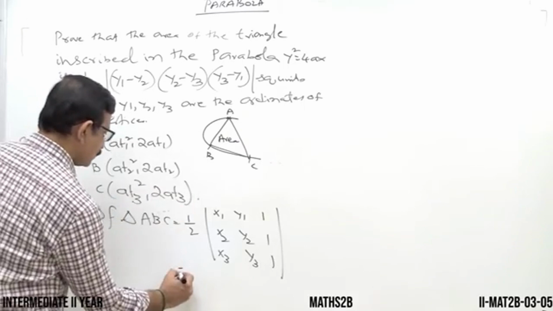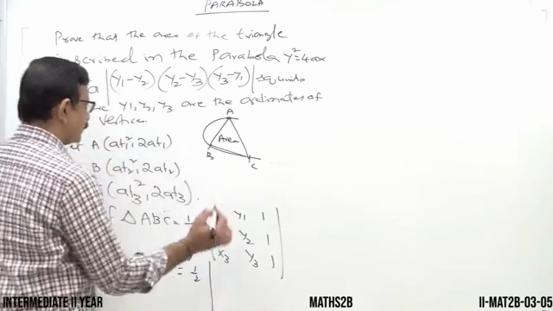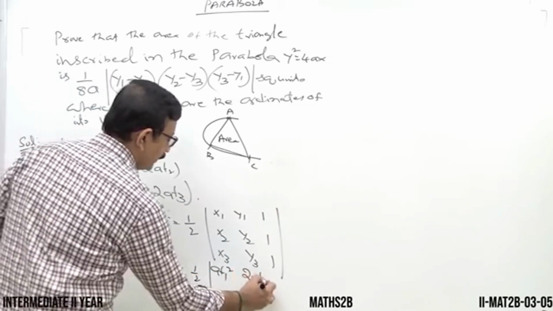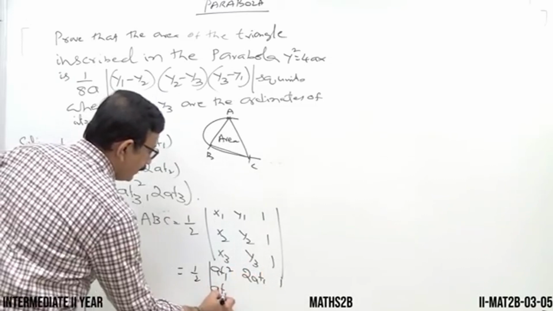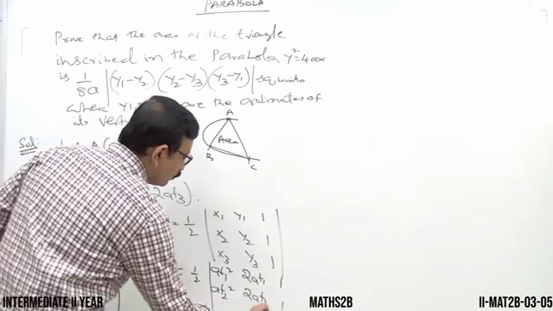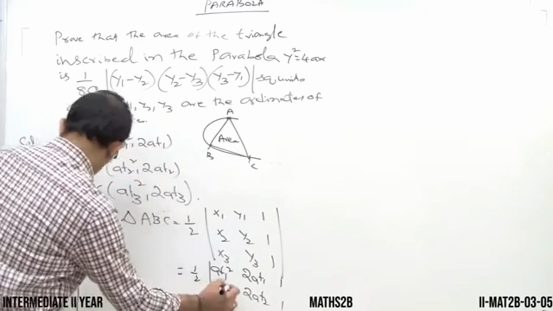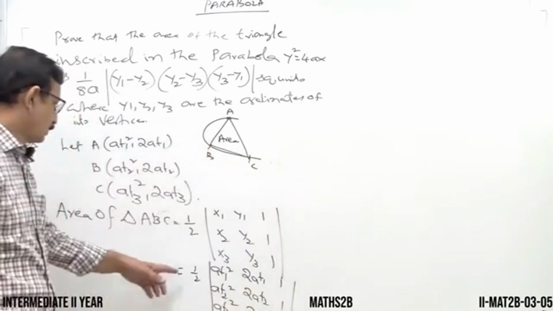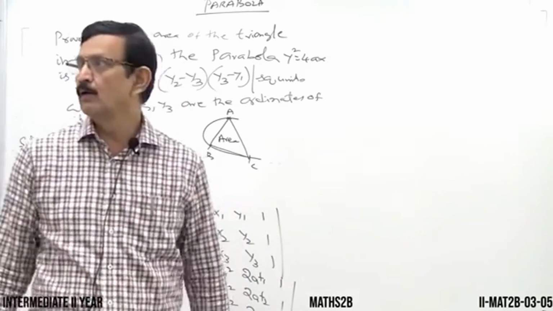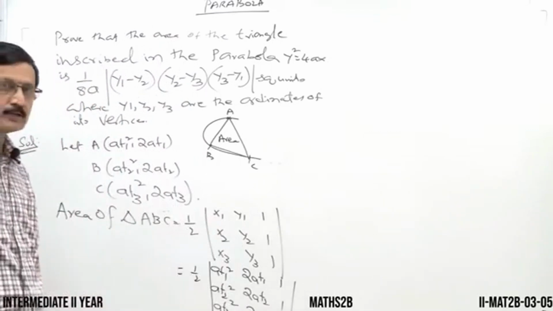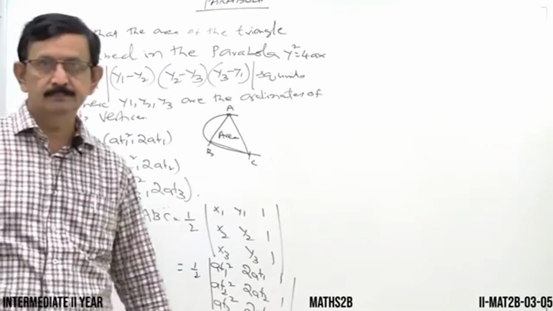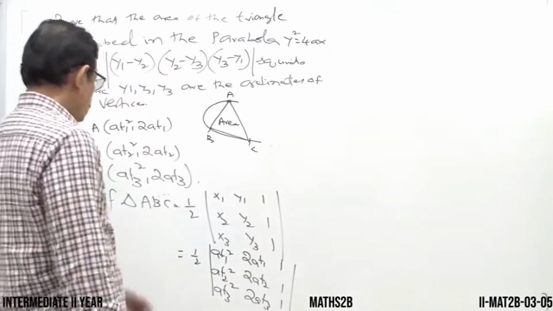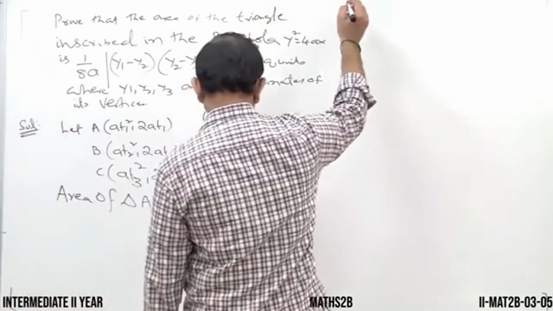So this is equal to 1 by 2 into the determinant with rows at1 square, 2at1, 1; at2 square, 2at2, 1; at3 square, 2at3, 1. We have simply applied the formula. Now let us simplify this.